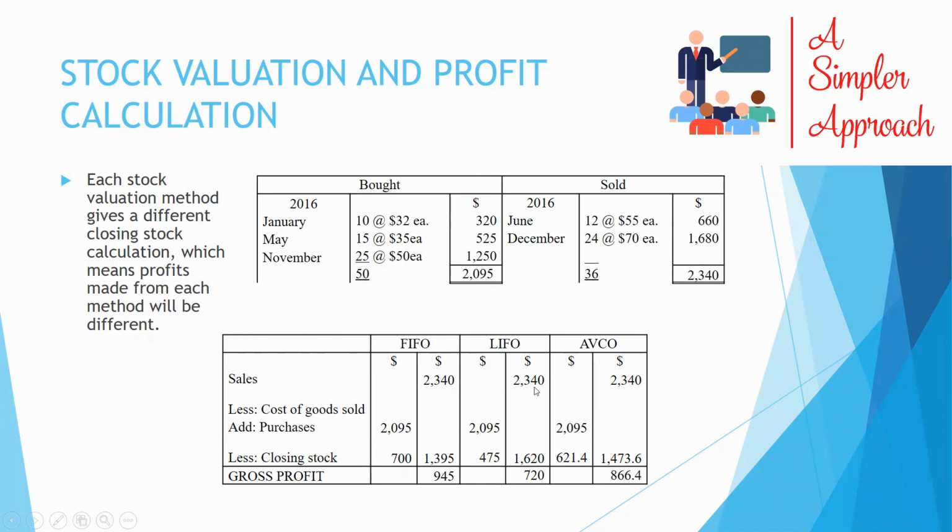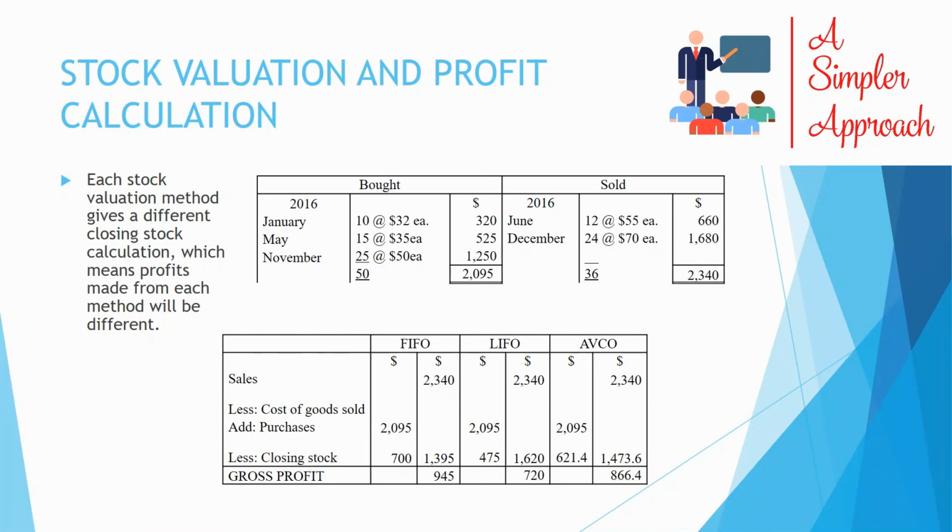Take that from sales, as you know it, cost of goods sold from sales gives gross profit of 720. And for AFCO, 866.4.